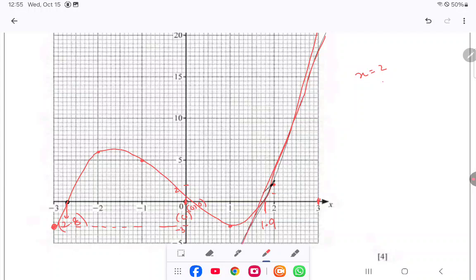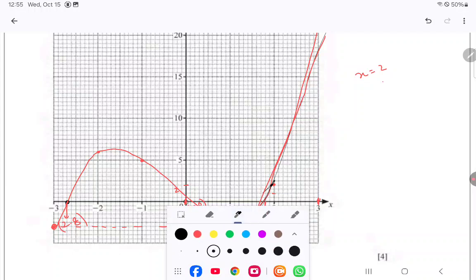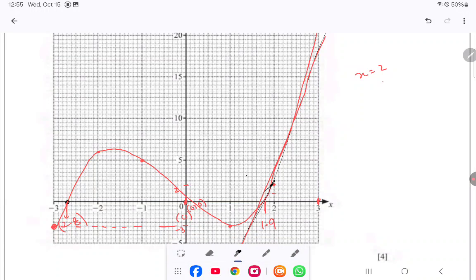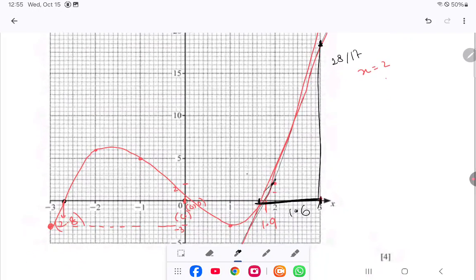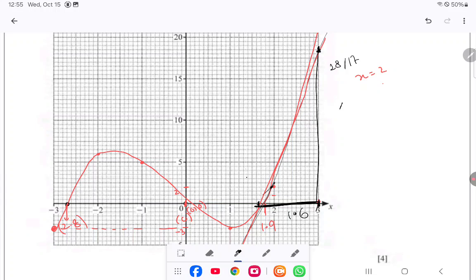On this straight line, this point is, we can say it's from here to here. This is our 1.6, and from here to here we can say that this is our 18 something, 18 or 17. And our change in y over change in x is equal to this area.